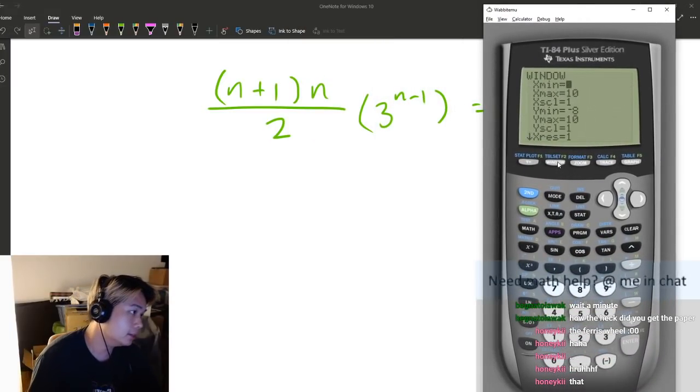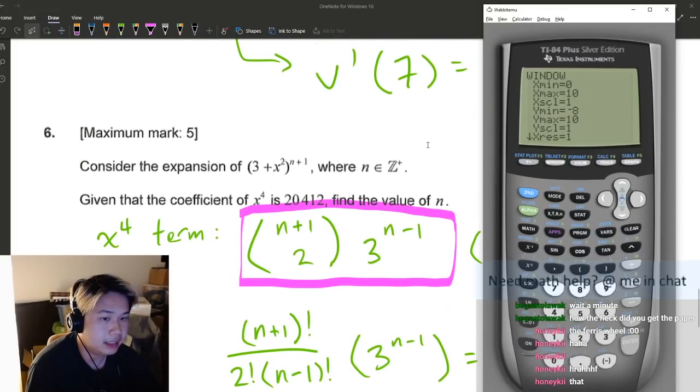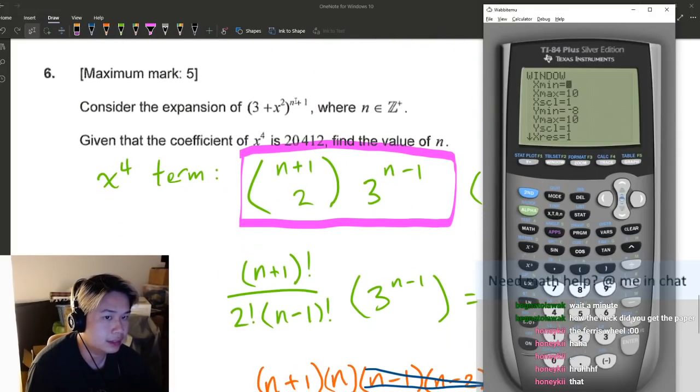Okay, now let's think of a window. I'm gonna say it would be reasonable to give a window for n, which is x in my case, between 0 to like 10 to 15.